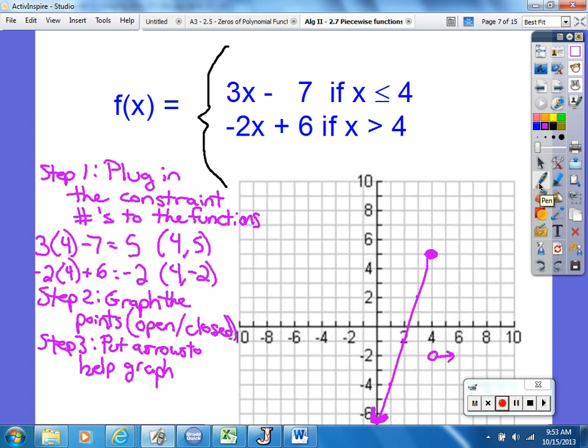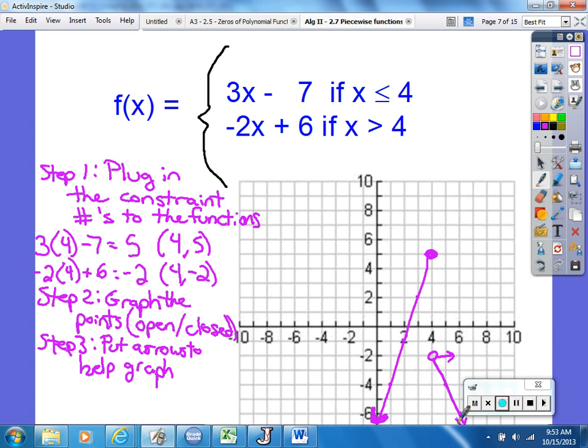Now let's go ahead and do the other equation. What's the slope of it? -2. So if I go down 2 and over 1, am I on this side that the arrow wants me to be on? Yeah. I'm going to do that again. Down 2 over 1. And I get to make another ray. I'm going to start here at this open dot and connect it the whole way down with an arrow.